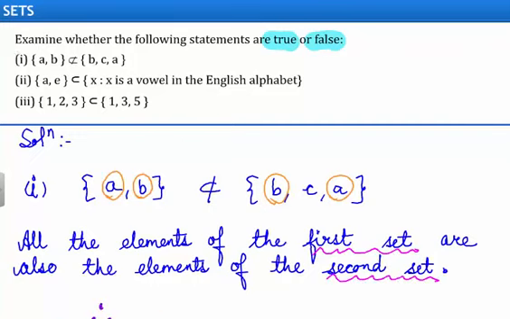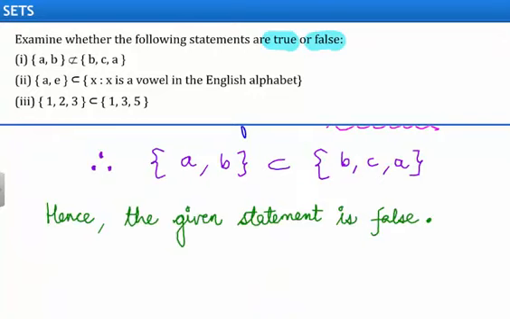Therefore, the first set containing the elements A and B is a subset of the set containing the elements B, C and A. Hence, we can say that the given statement is false.